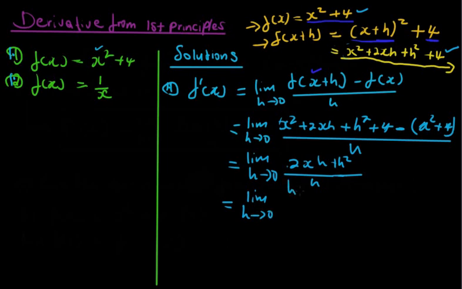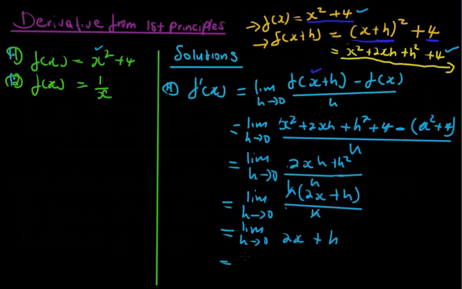Then you will have h as a common factor, and you'll be left with 2x plus h over h. Then you will be left with limit h approaching 0 of 2x plus h. So then you will say equals 2x plus 0, like you always put 0 for h. Then your answer will be 2x.